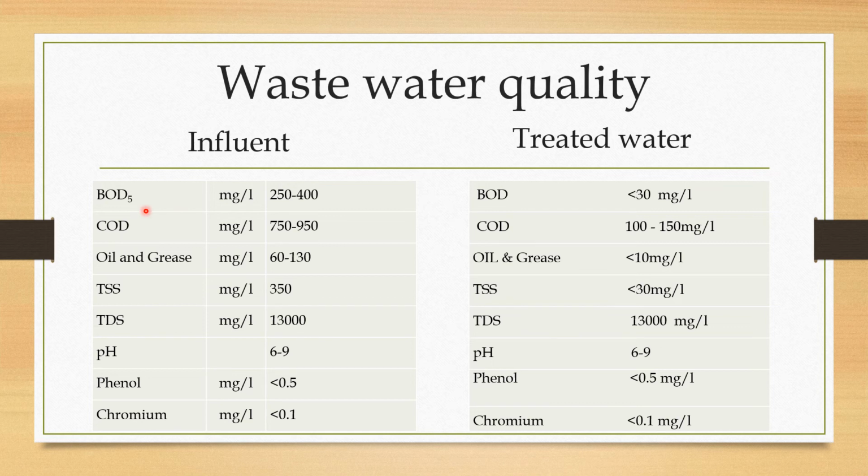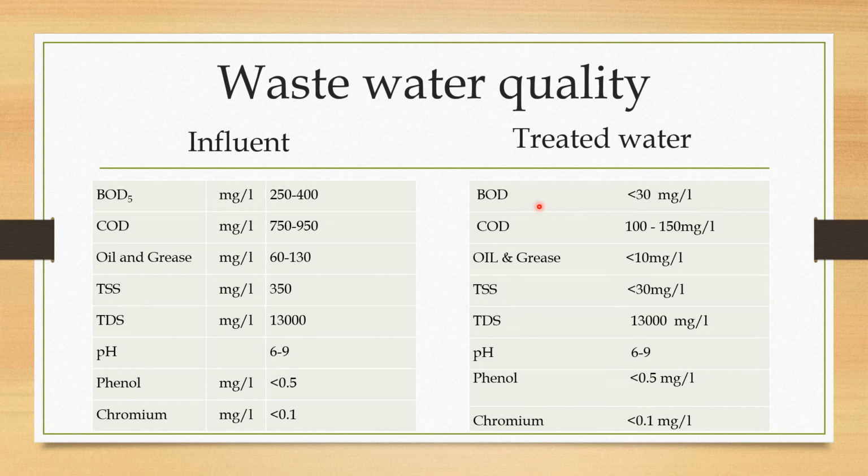Now we can see the wastewater quality at the influent and the treated water. Normally the influent BOD will be around 250 to 400, COD will be 750 to 950, oil and grease around 60 to 130, TSS around 350 milligram per liter, and TDS will be 13,000. BOD and COD are in a ratio, so if BOD is 250 to 400, the COD will be around 750 to 950.